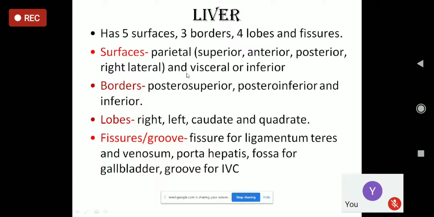Borders: posterior superior border, posterior inferior border, and the prominent one is the inferior border. Lobes: right, left, caudate lobe, and quadrate lobe. Fissures: fissure for ligamentum teres, fissure for ligamentum venosum, porta hepatis, fossa for gallbladder, and groove for inferior vena cava. We'll go into details about this.